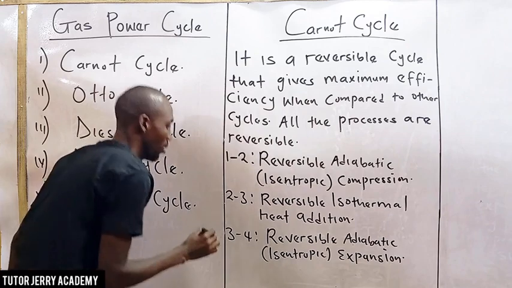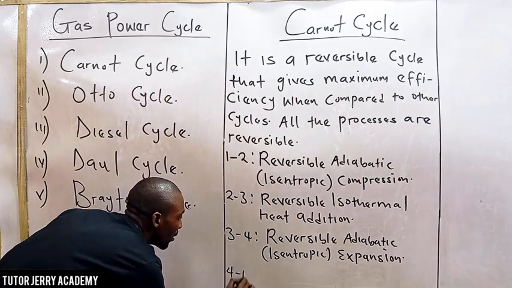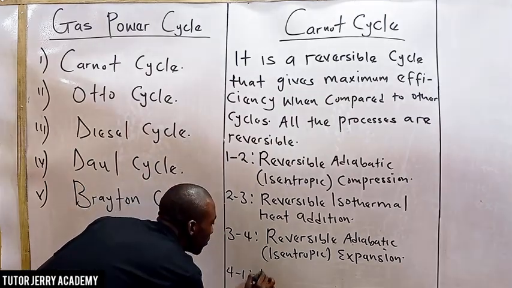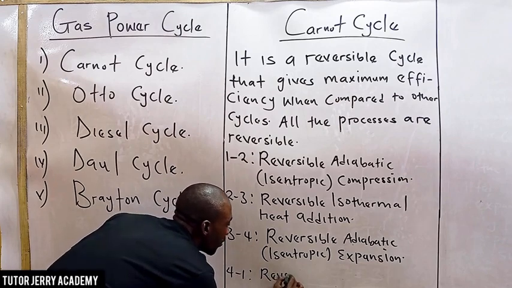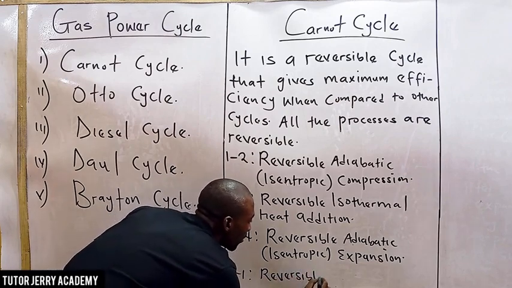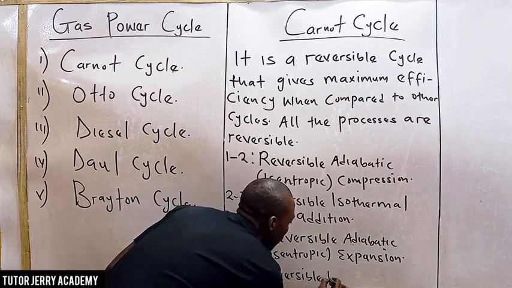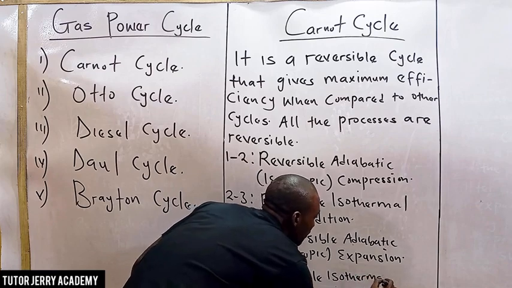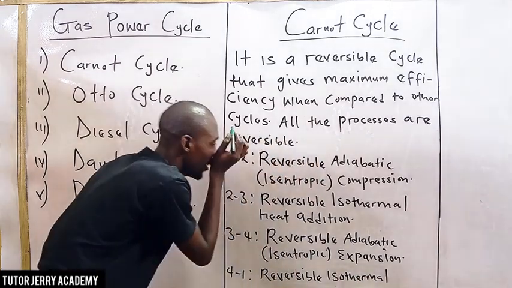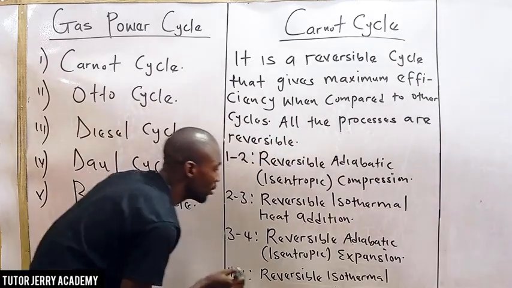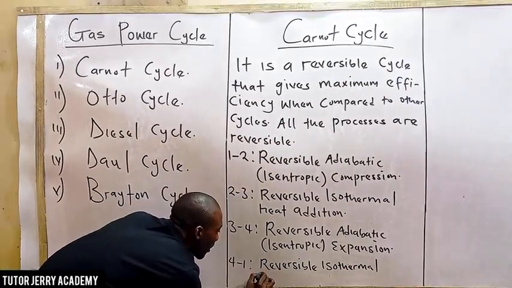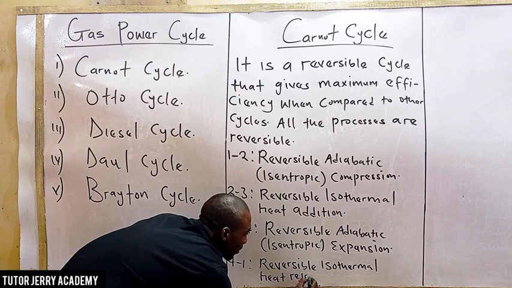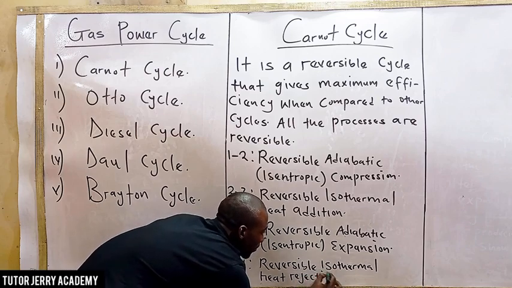All right. Process four to one, we have a reversible isothermal heat rejection.